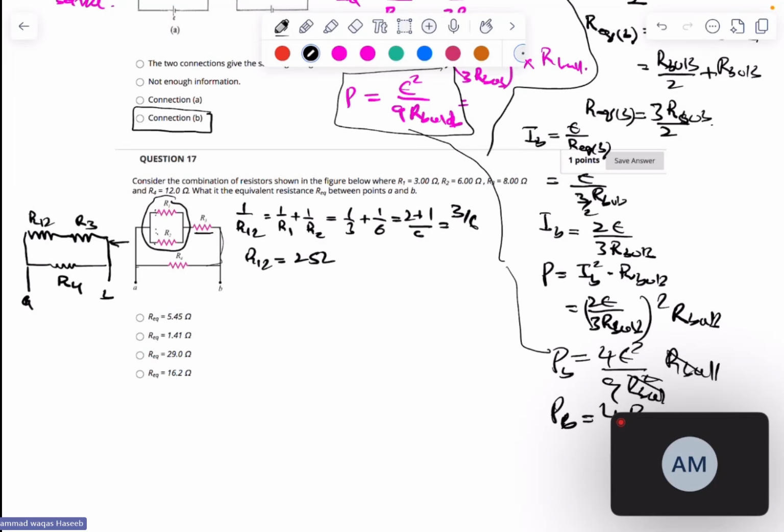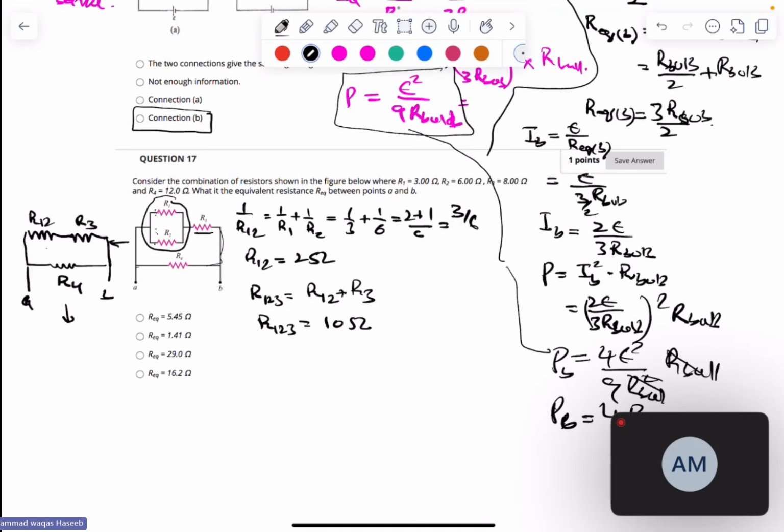So these two are in series. So you just add R123, which is R12 plus R3. So just substitute the value. You will get 10 ohm for R123.